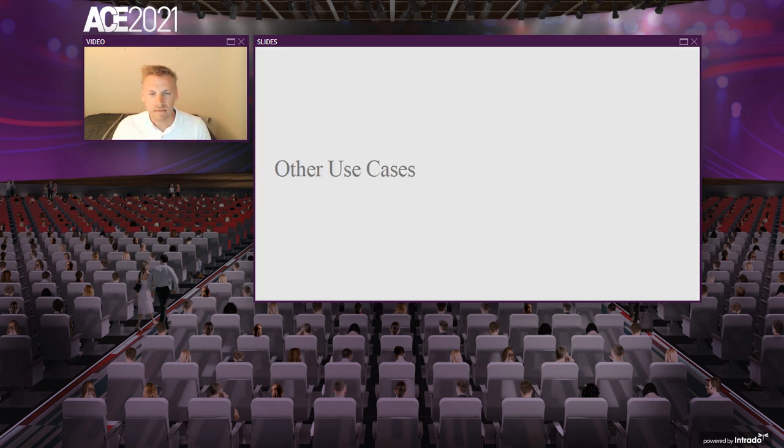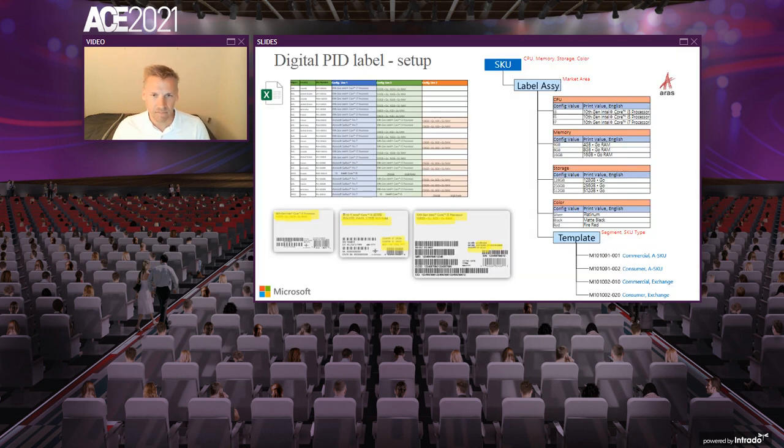The last use case or last sort of demo we're going to present is our dynamic labeling. So once again, what used to be a manual Excel-based process is now replaced by this digitized VM-based process. So on the left-hand side is the sample of that Excel, which was manually created.